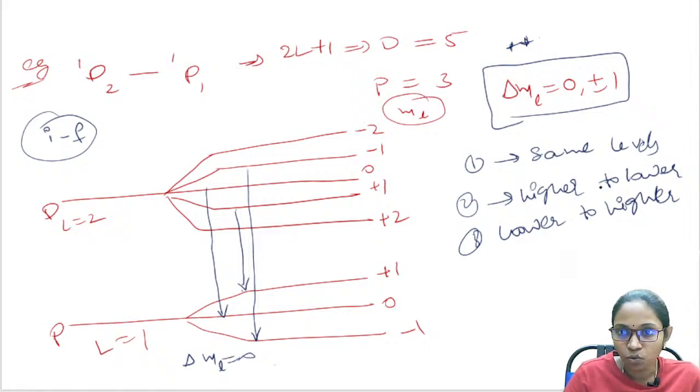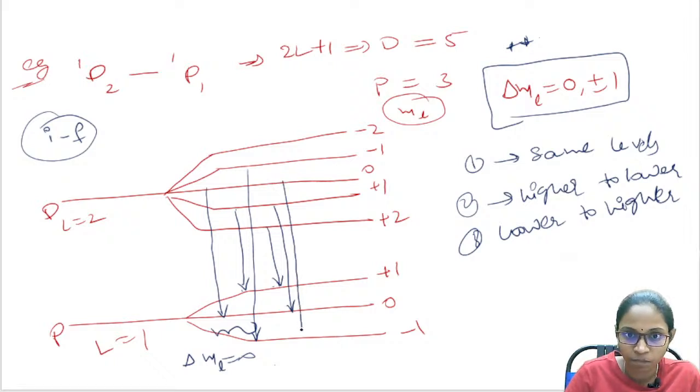Now draw higher to lower values, that means here we have plus 1, higher than plus 1 is plus 2, okay. These will be having same delta ml values, and 0 greater than 0 will be plus 1, okay. Greater than minus 1 is 0, okay.